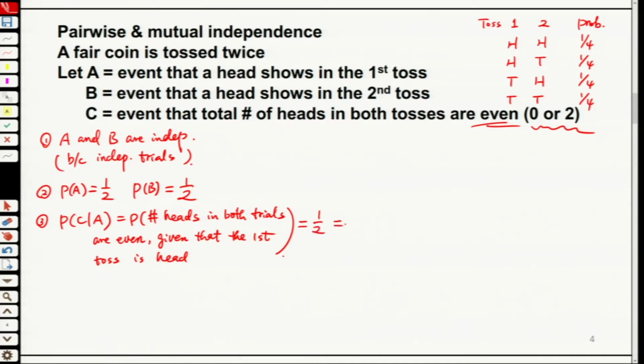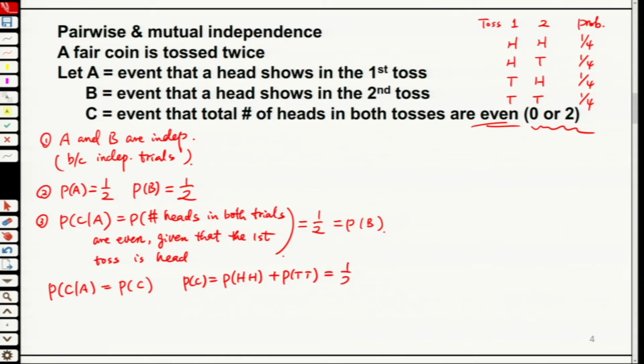And this equals the probability of B. So probability C given A is actually equal to probability C, because probability C is probability HH plus probability tail-tail.